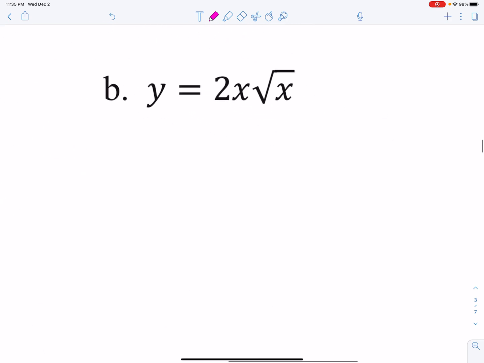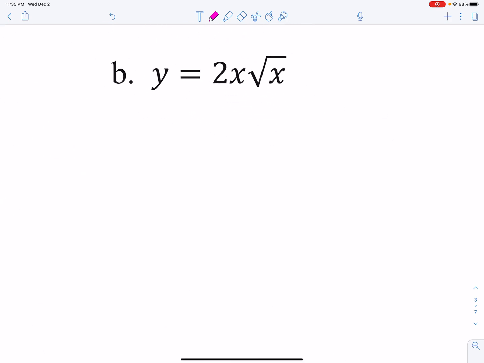Okay, part B, similar, right? So remember when you have a square root symbol, technically there's a 2 there, all right? We don't write it but that's what's there. So this is y equals 2x times x to the 1/2 power. Okay. Now remember, when we're multiplying the same bases, we add the exponents.